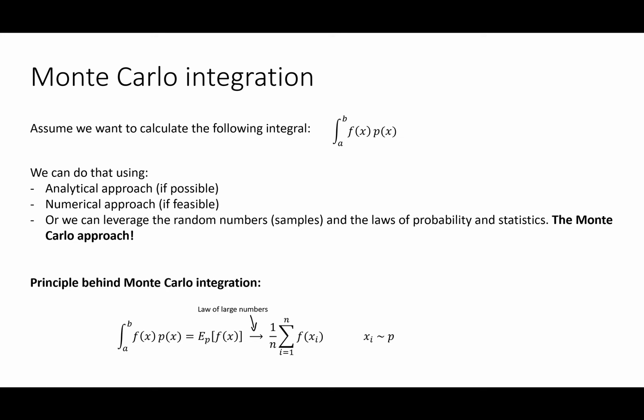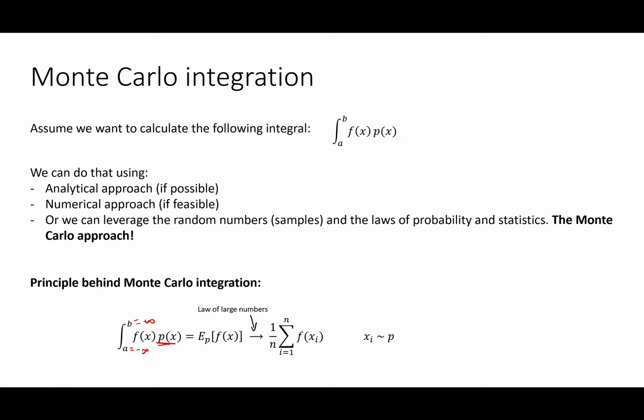integral on the left side is very much like computing an expectation. Actually, if we say that a is equal to minus infinity and b is equal to plus infinity, it's the exact definition of the expected value of f of x, if we say that p is the probability density function of some distribution.